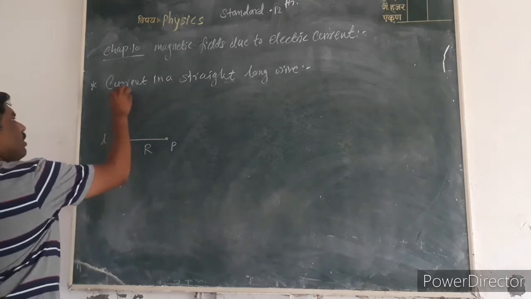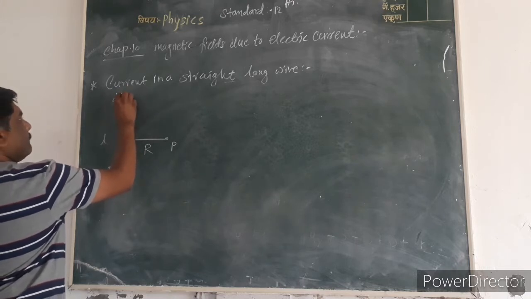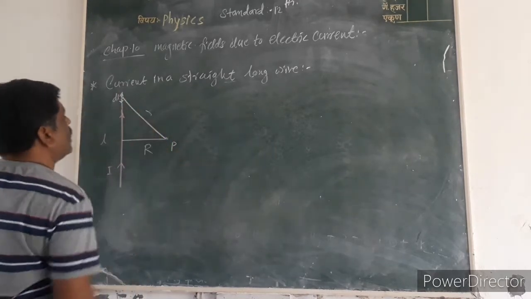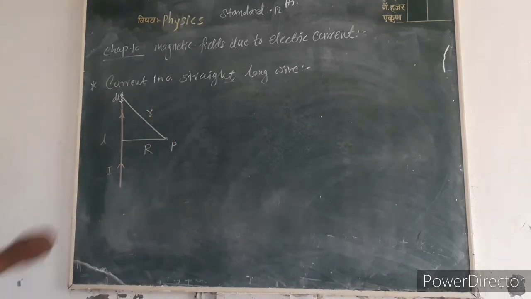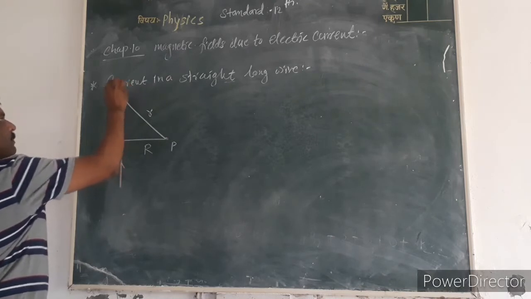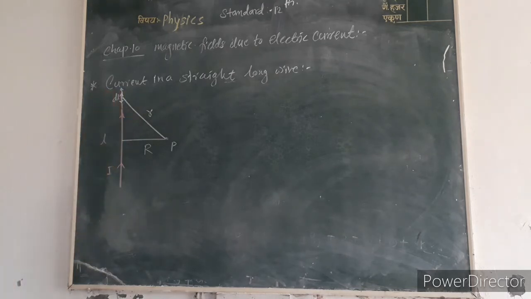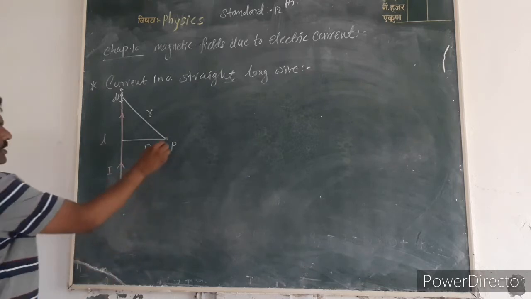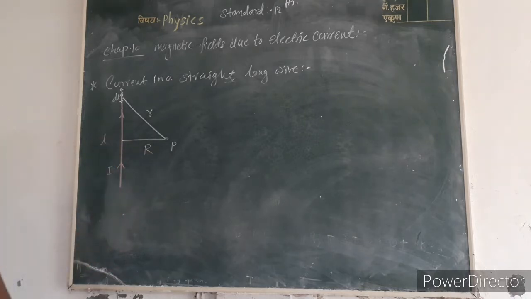Also we consider a small length element dl at a distance small r from point P. Suppose this is the center of that length element, and this small length element is at a distance small r from point P, and this point P is at perpendicular distance capital R from the wire.